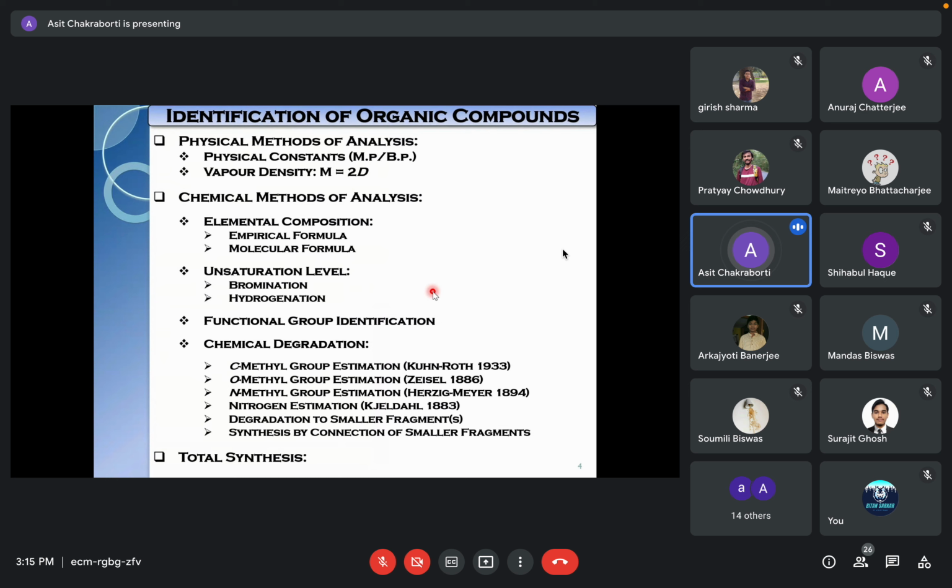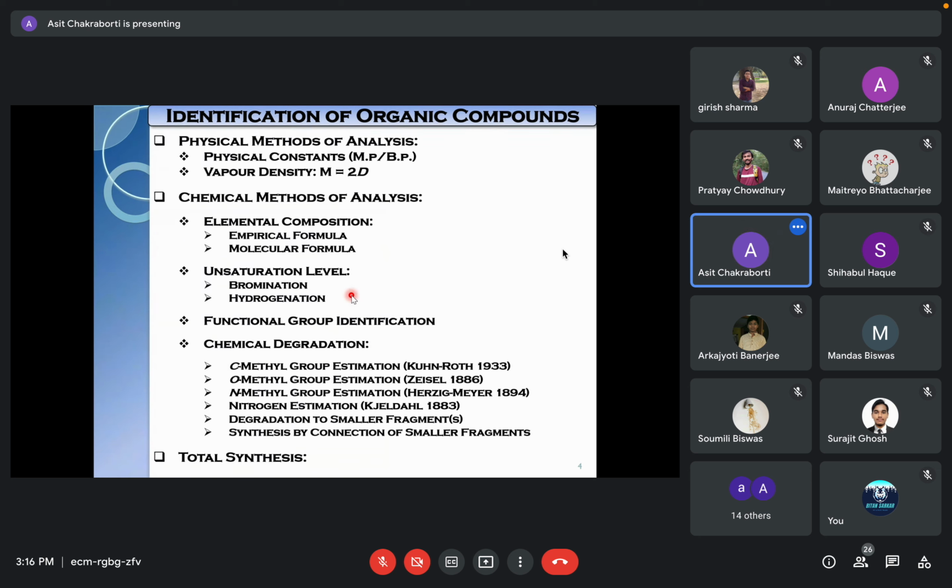I just wanted to know whether you are acquainted with it. If a compound has a ring, for example benzene, the DBE is going to be 4 because there is 1 ring and 3 double bonds. So DBE also comes into the picture, but the bromination and hydrogenation quantification will distinguish whether those are due to hydrogenable or brominable double bonds, or whether it is an aromatic compound or a simple ring system.